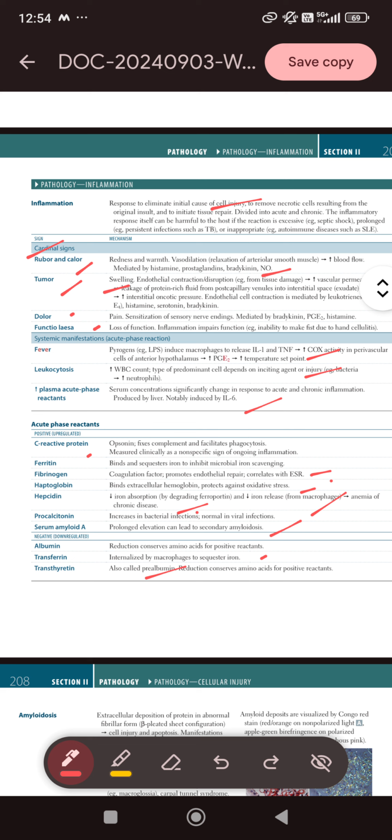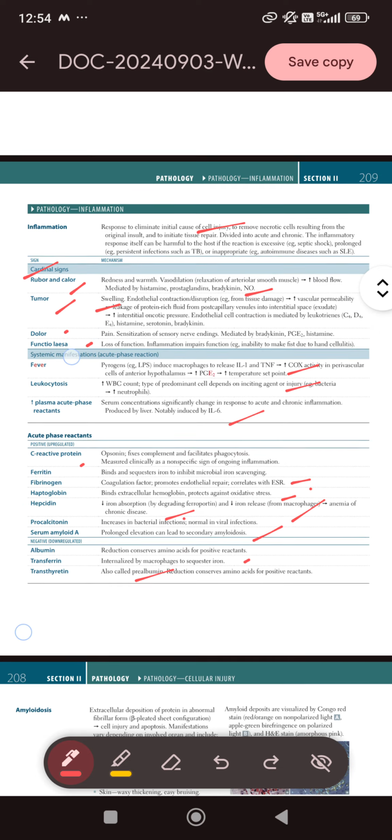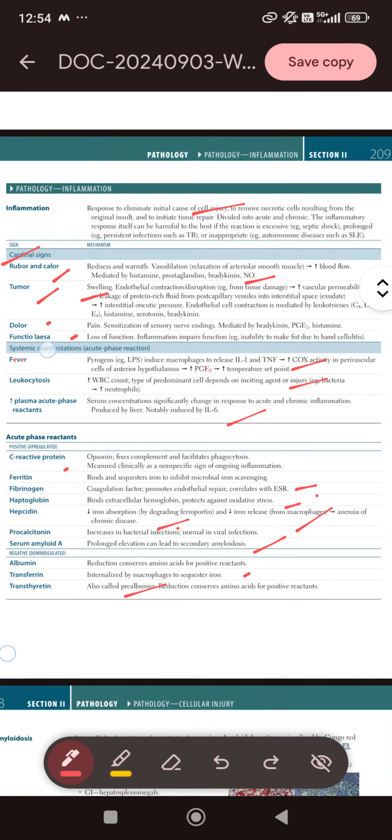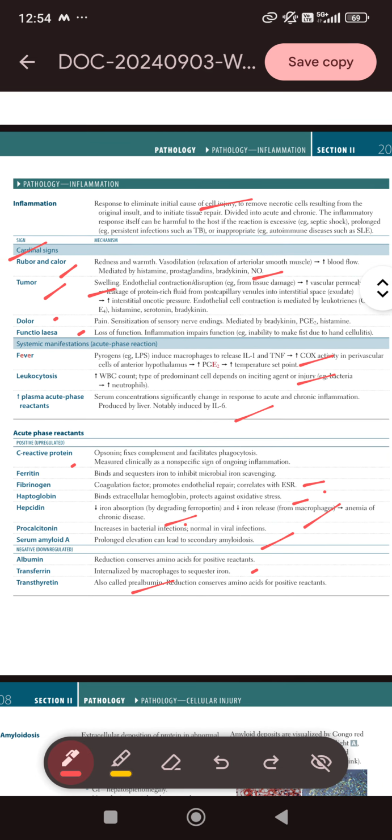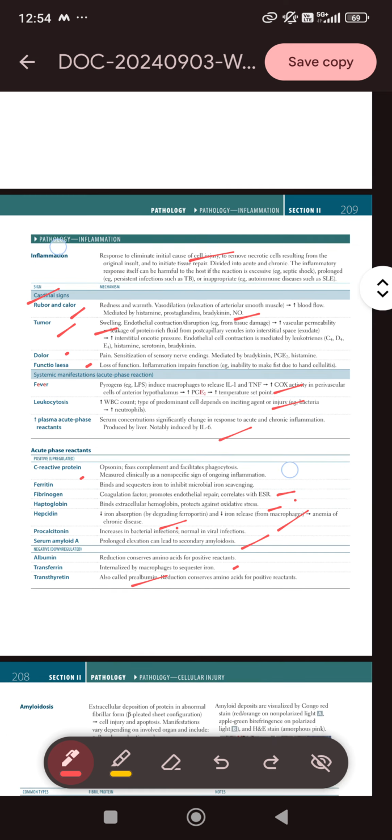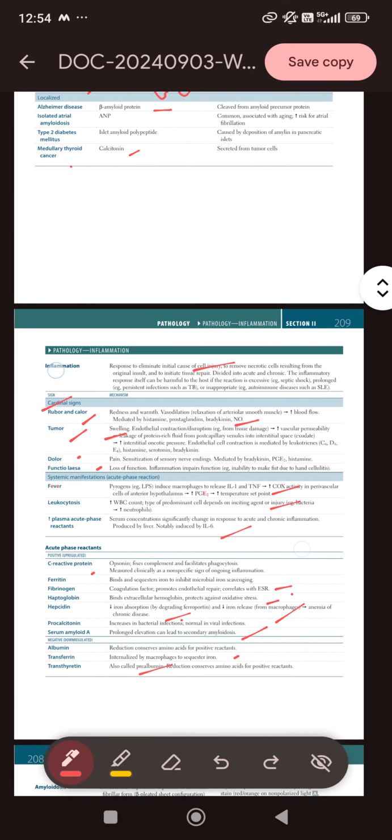Then fibrinogen correlates with the ESR. Clinically, we should correlate these reactants and solve the MCQs so that we can know the importance, basically the crux of it. Okay, so guys, we will see the next thing in the next video.